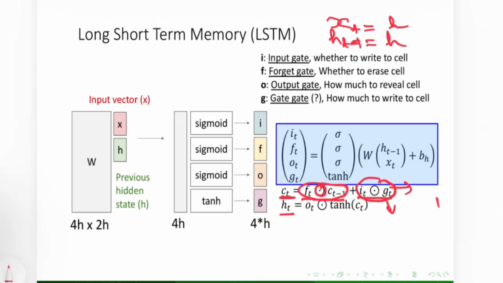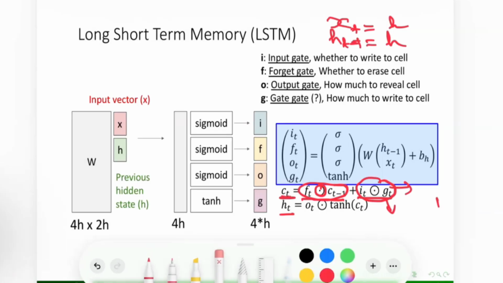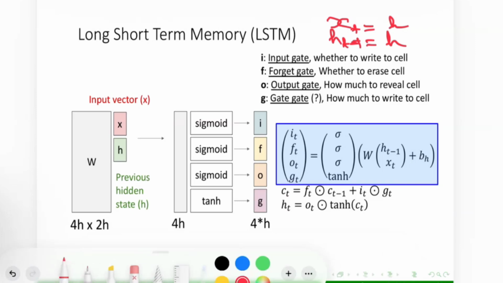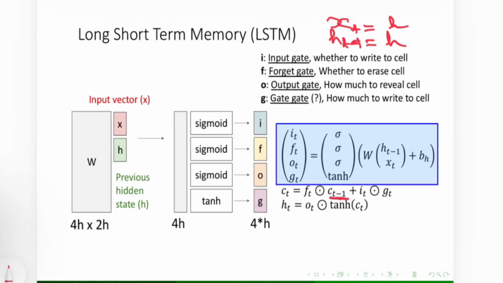Now, what is happening in the first term? In the first term, ct minus 1 is the past state information, and it is storing the long term information. You are filtering the information from this previous state with the help of ft. The goal of ft is to forget some of the information.